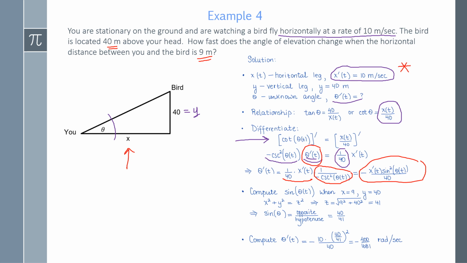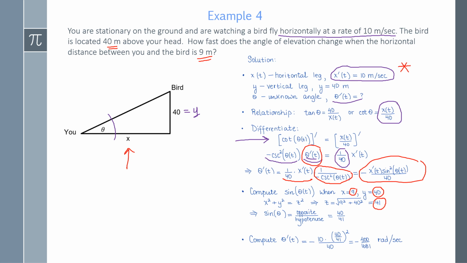Okay, so in order to compute sine of theta of t, we need to have these quantities. If x is equal to 9 and y is equal to 40, by applying the Pythagorean theorem, we can find the hypotenuse, right? So that's where 41 comes from. Now why do we need that hypotenuse?